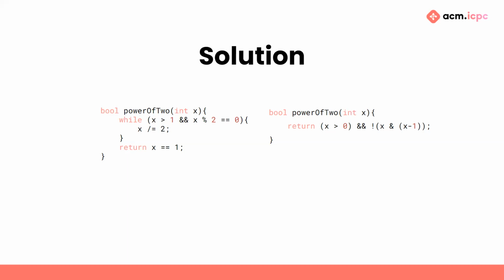So if you had a number like that, and you subtract 1, then you would get that. So what the right function is doing is, if it's a power of 2 and you AND x with x minus 1, then you can see that it should be 0.